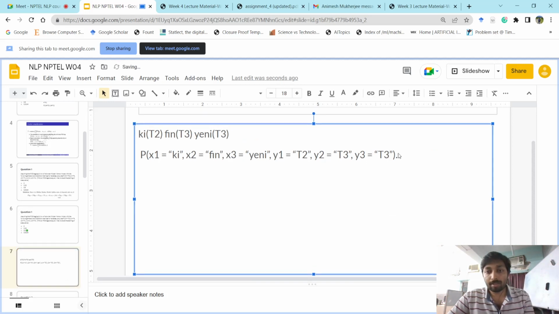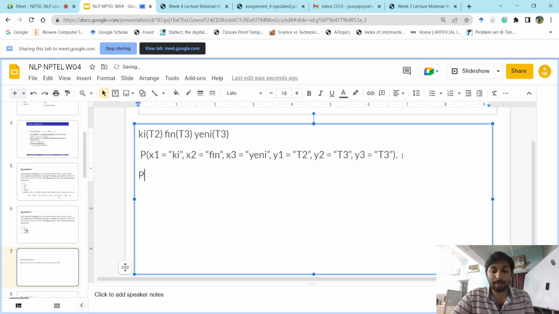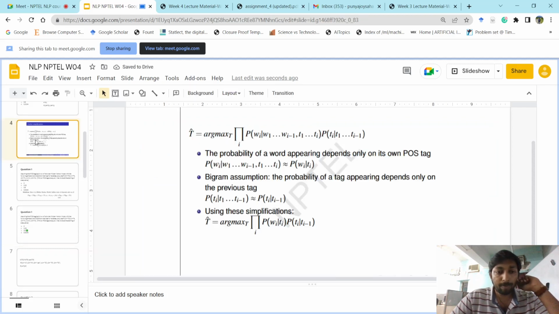So you are saying probability. Will there be only y1 equal to t2 or something else as well? Try to see this formula. We start with y1 equal to t2, and because it does not have any ti minus 1, that is correct.